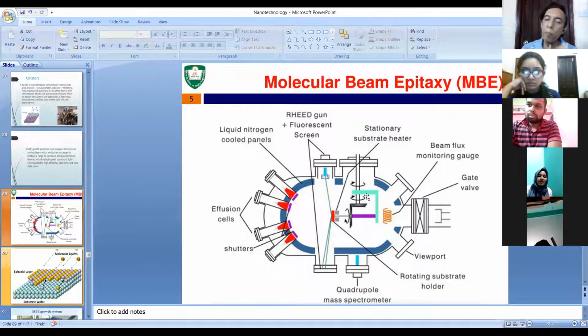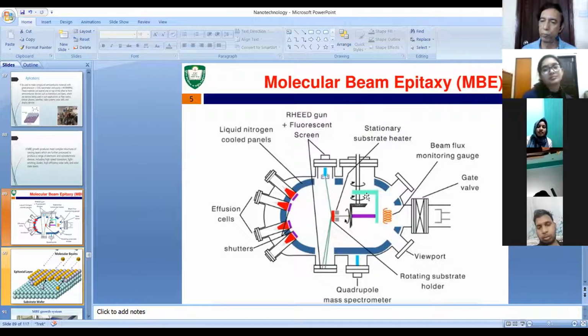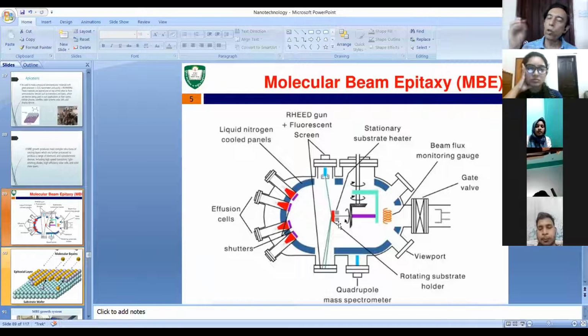It will be completely vacuumed. Otherwise, you cannot control the deposition. You cannot control the deposition if it is not completely vacuum. Some impurities always will come here.